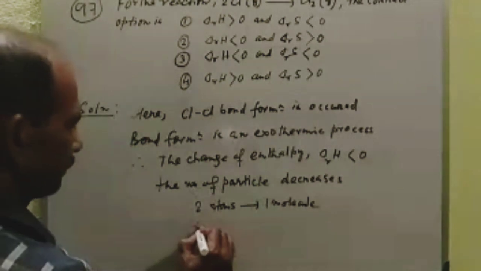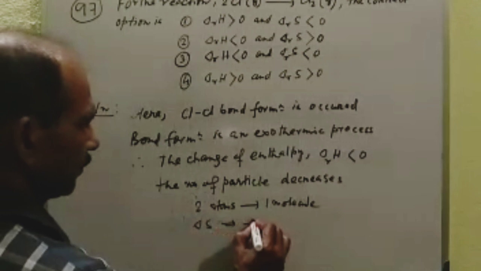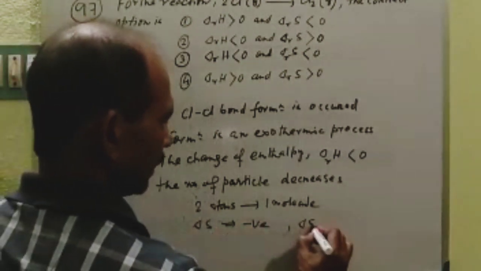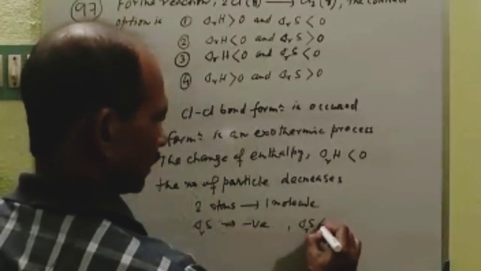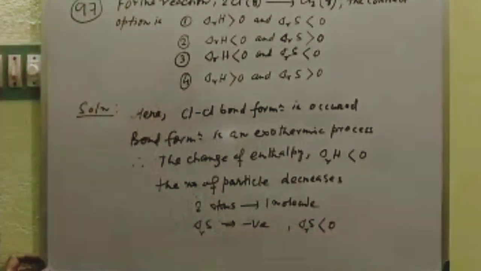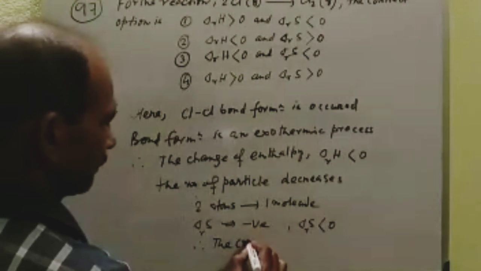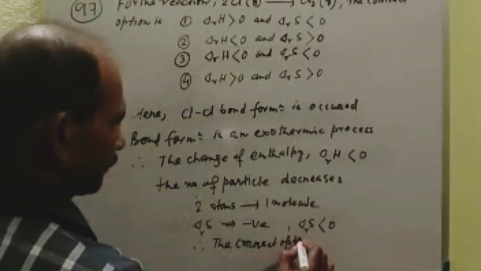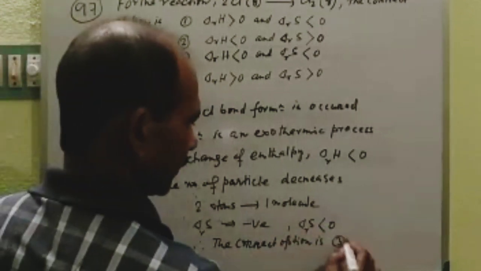Delta S is negative. That means that delta S of reaction is less than 0. Therefore, the correct option is option number 3.